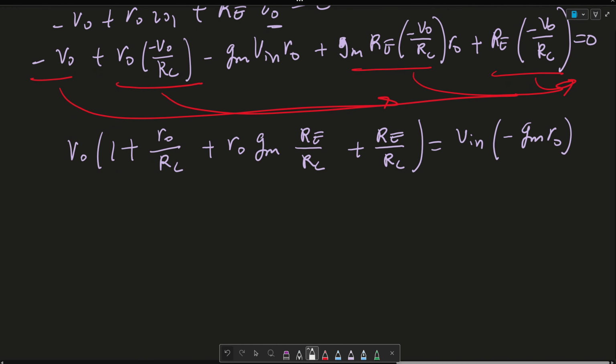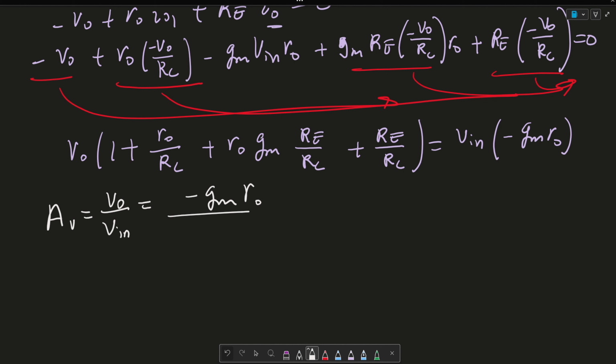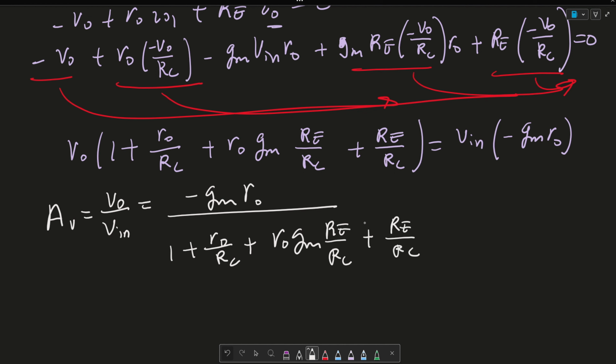We then say that AV, which is equal to VO over Vn, is equal to minus GM RO over 1 plus RO over RC plus RO GM RE over RC plus RE over RC.